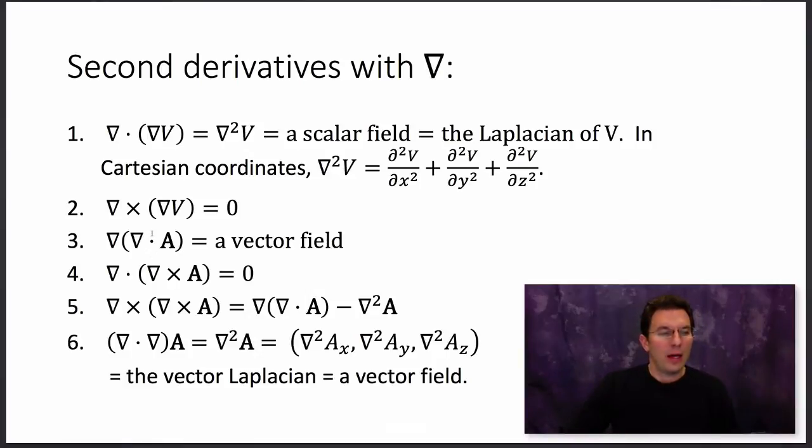It works out that if you change the order of operations here, first take the divergence of A, that's a scalar, and then operate on that scalar with the gradient to get a vector. That's just a way of stating that if you flip the order of operations here, instead of getting a scalar, you get a vector. Another property that always works, which you can always use when you're manipulating equations, is that the divergence of the curl of any vector, no matter what it is, is always 0.